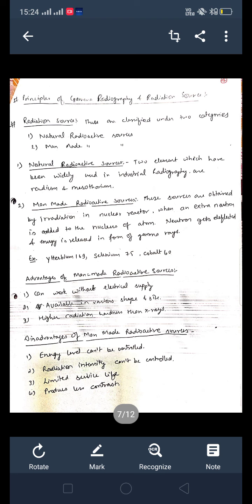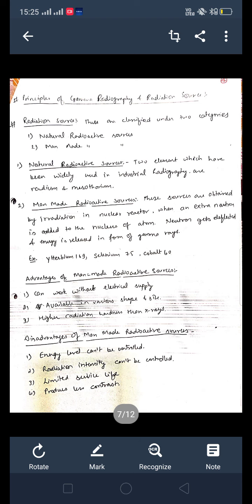The second is that they are available in various shapes and sizes, with higher radiation hardness than X-rays. But there are also disadvantages: energy level cannot be controlled, radiation intensity cannot be controlled, limited service life, and they produce less contrast. So these are the advantages and disadvantages of man-made radioactive sources.